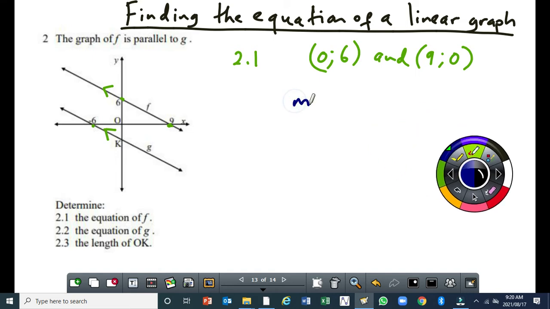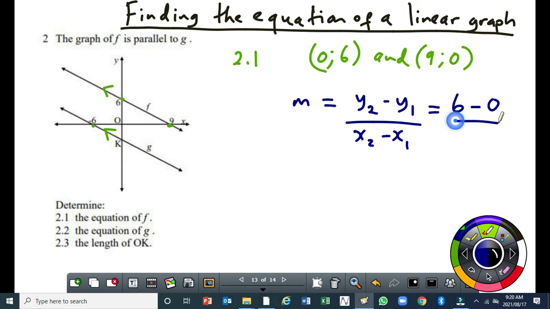So my gradient is equal to y2 minus y1 over x2 minus x1. Remember, I told you that you can also start with y1 minus y2 over x1 minus x2. You get the same result. So if I consider the first coordinates as my x2 and y2, I'll have 6 minus 0 over 0 minus 9.